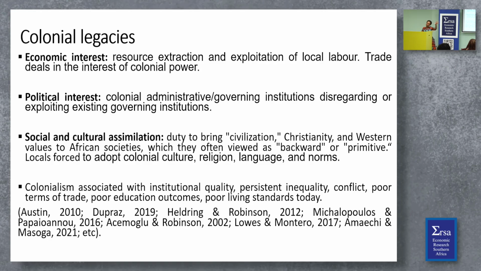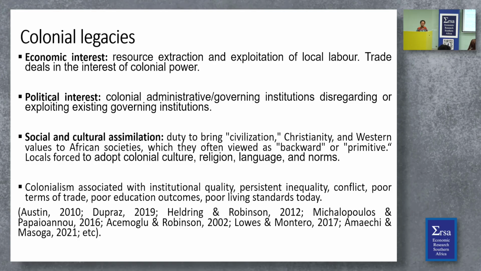We saw where Africa, the continent, is located. They disregarded, or they exploited the existing governing institutions within the colonies so that they could advance their economic interests, right? So they would use the political institutions to advance their economic interests.